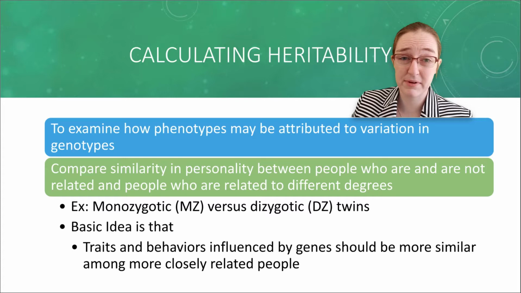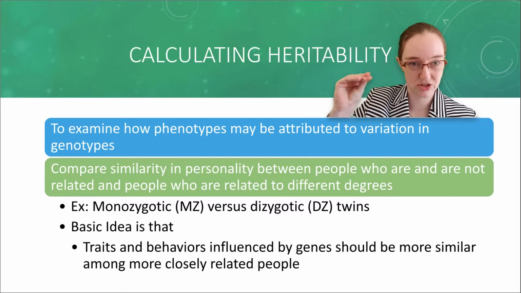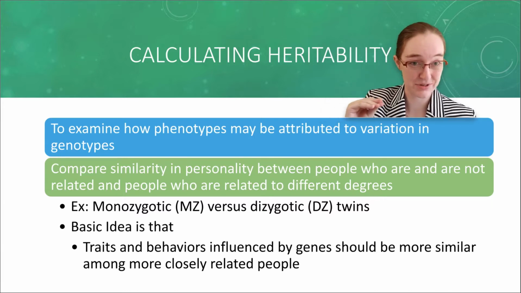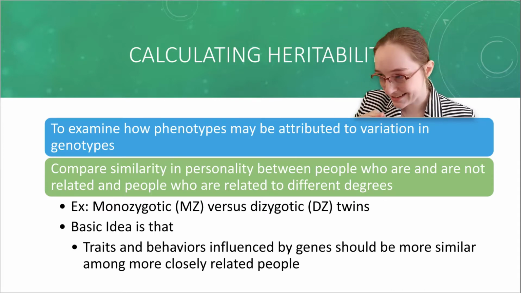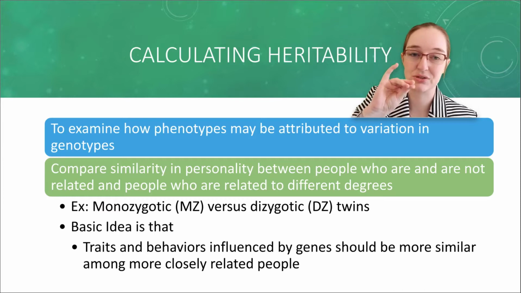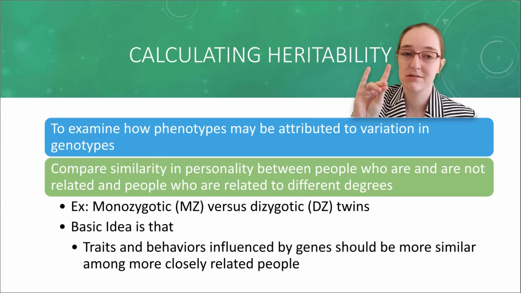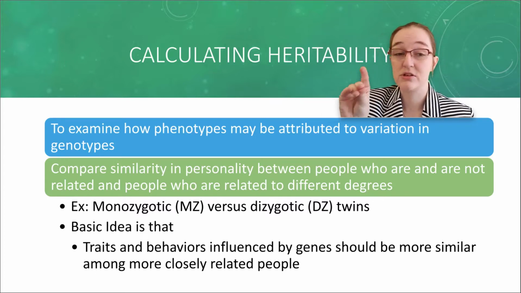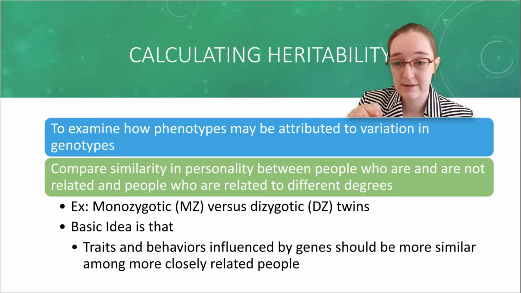So the goal with behavior genetics is to examine how phenotypes, so that's observable traits, may be attributed to variation in genotypes, genetic structure. Now what heritability does is it tries to make that link: the phenotypic variation, what we observe and see, and link that with genotypic variation.